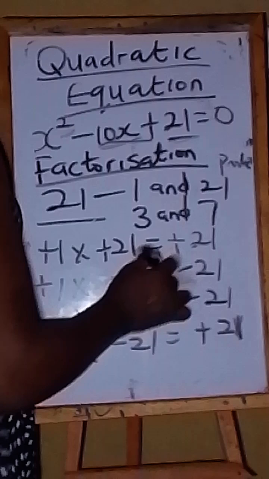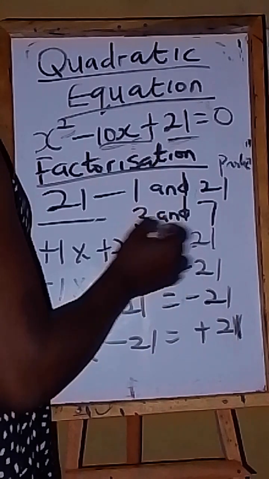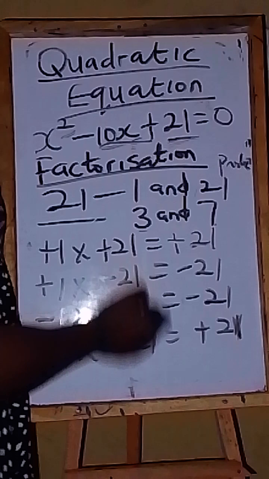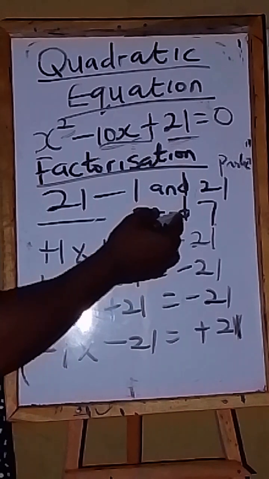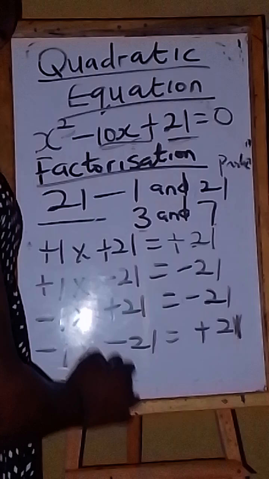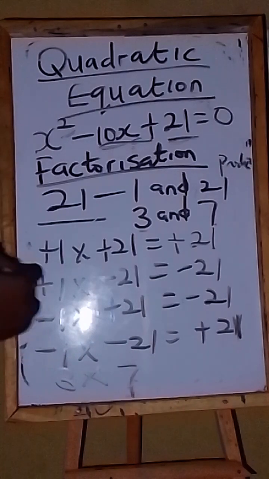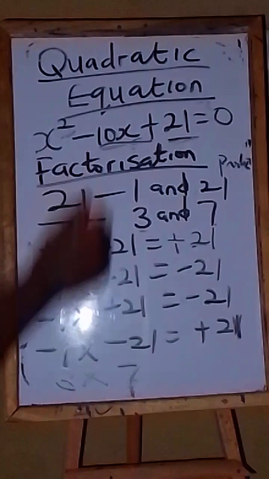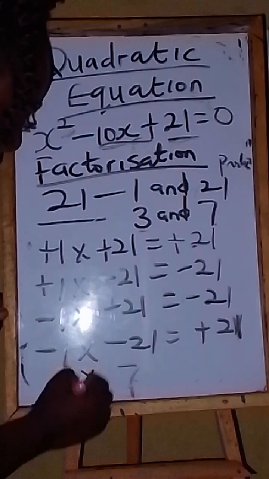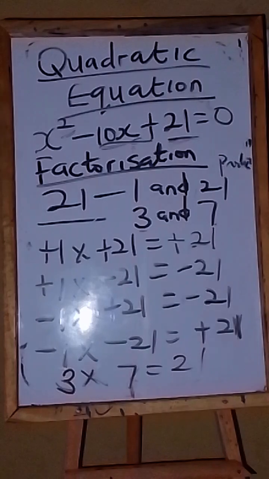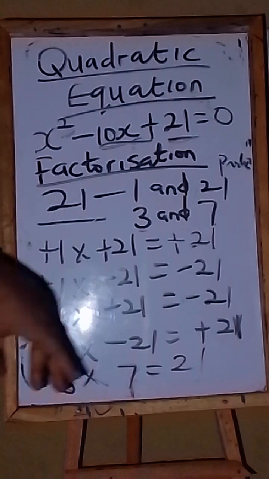These are the products. So, you also try for 3 and 7. You change the signs to get the products for 3 and 7. So 3 times 7, that's going to give us 21.